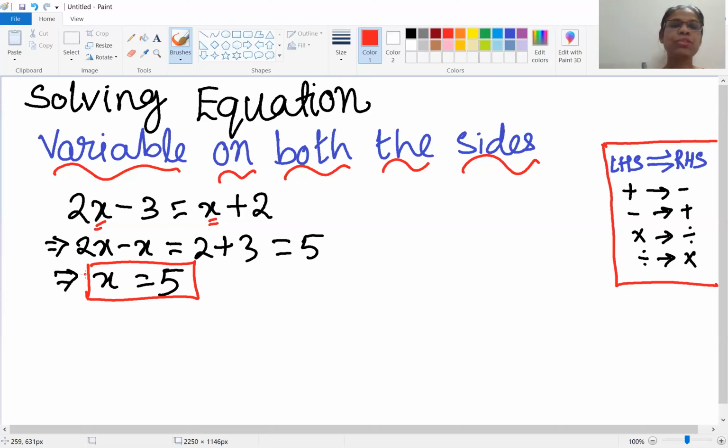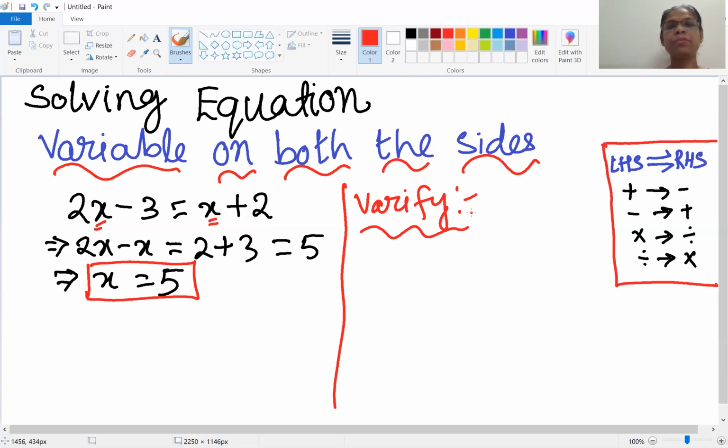Do you want me to check and verify is this value x is correct or not? How can I verify? I'm going to put the value of x in the equation, both the sides, RHS side and LHS side, and verify it.